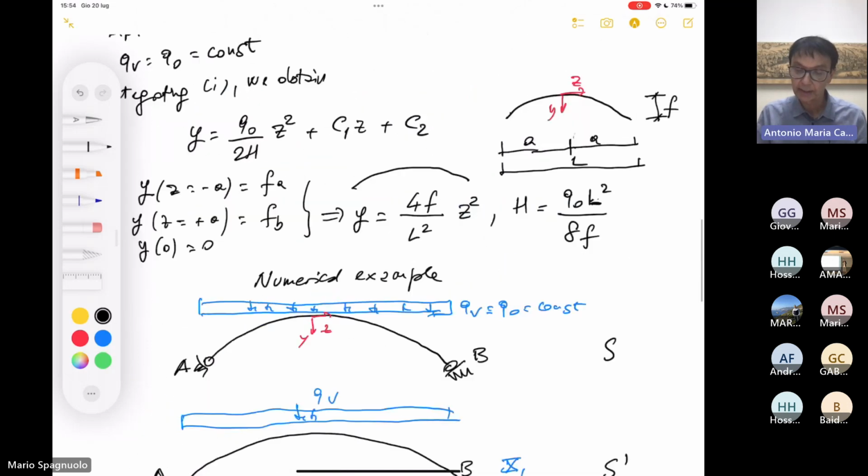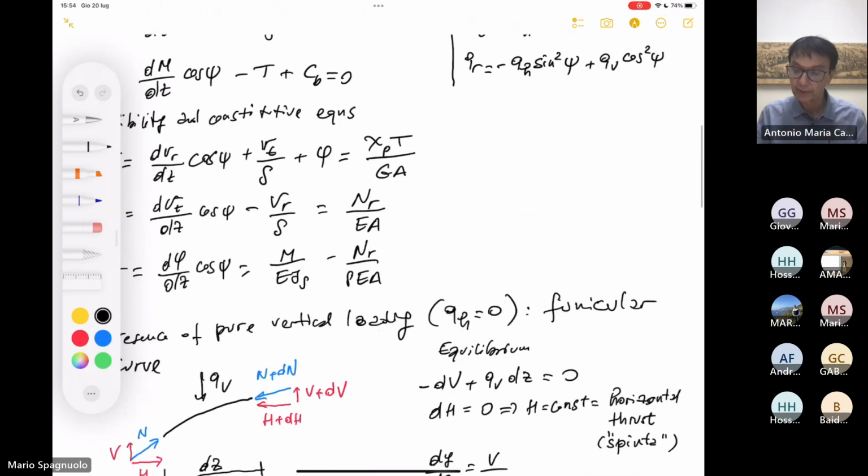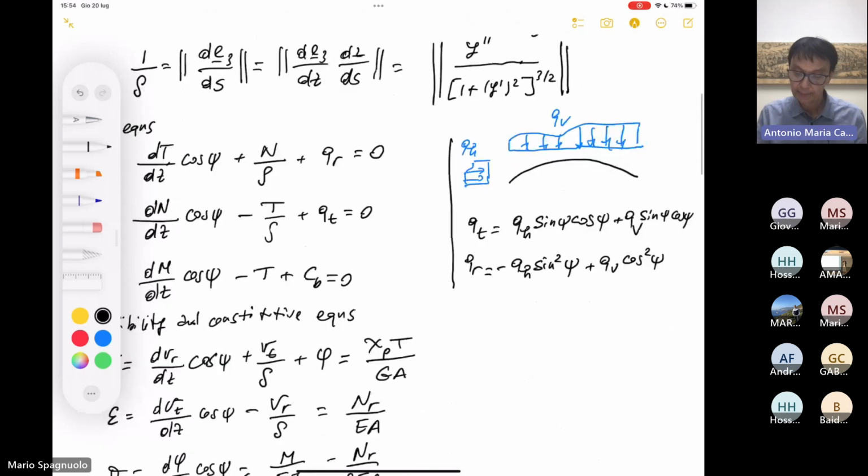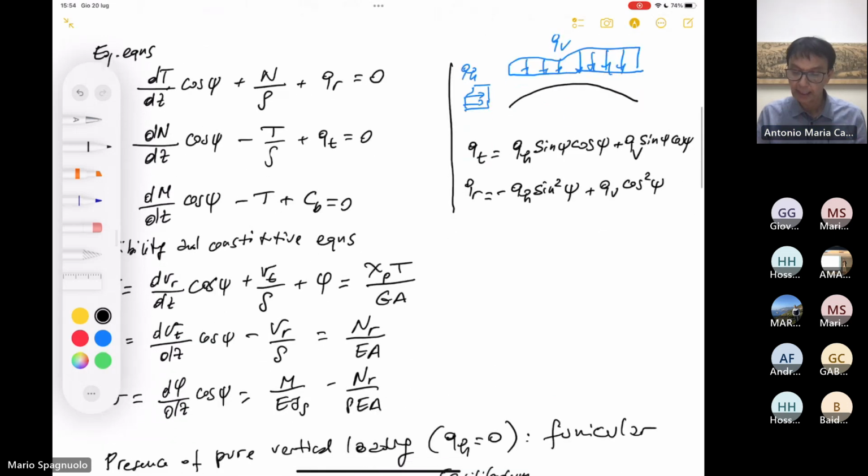Let's remember that the constitutive equations are these ones: epsilon is equal to N over EA.